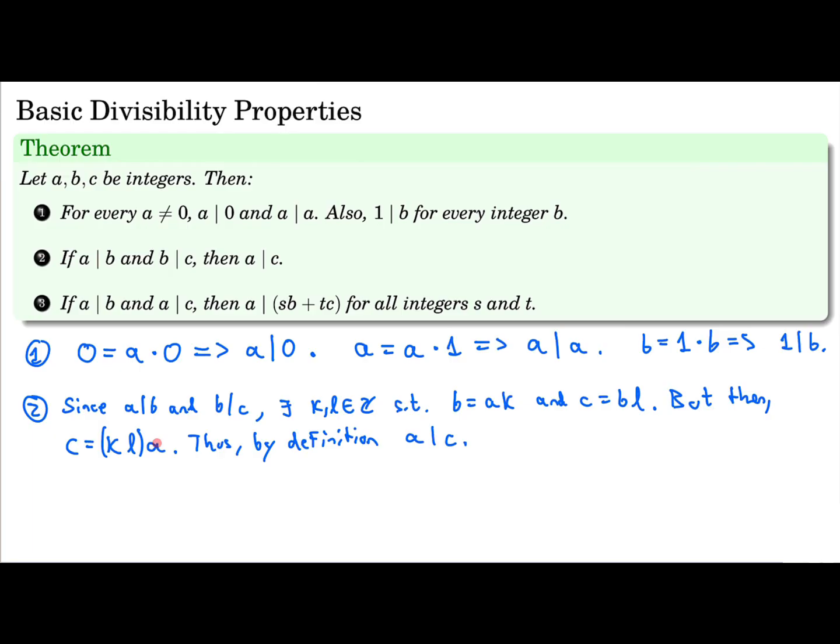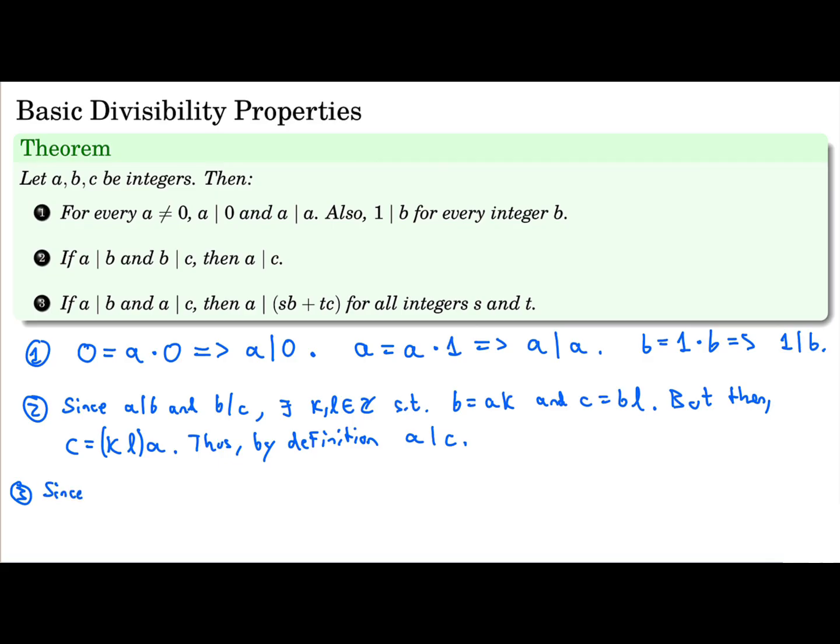And finally, the third one is that if a divides b and a divides c, then a divides any combination, like s times b plus t times c, of course with everything integers. So a has to divide every combination of this, right? So let's show this.